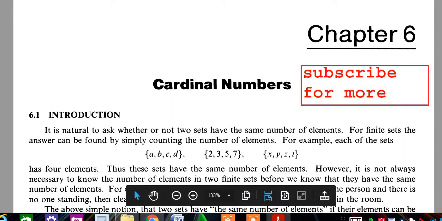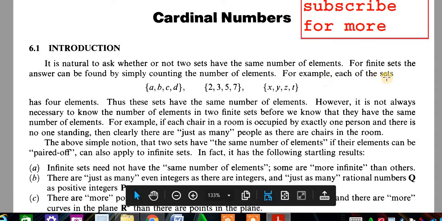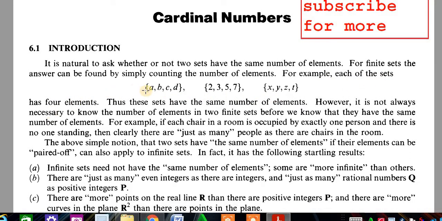If we proceed further, for example each of the sets A, B and C has 4 elements. Thus these sets have the same number of elements. However, it is not always necessary to know the number of elements in two finite sets before we know that they have the same number of elements.